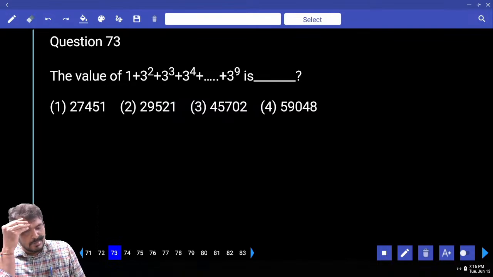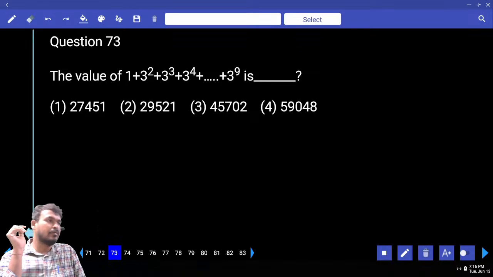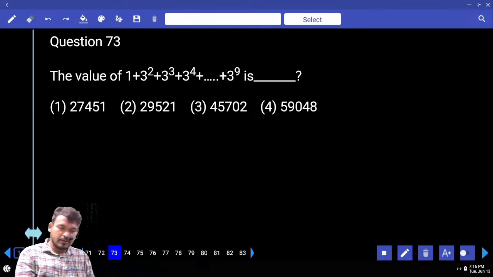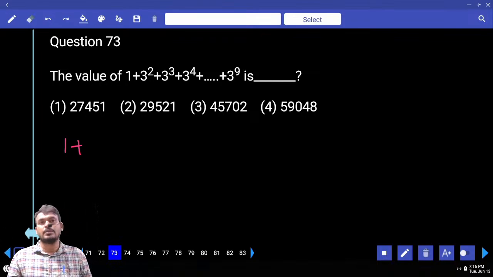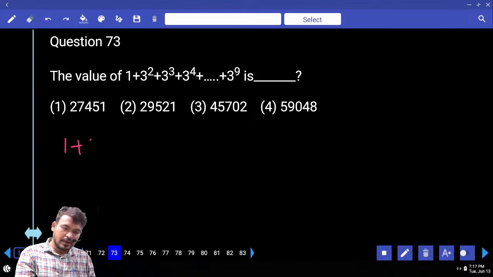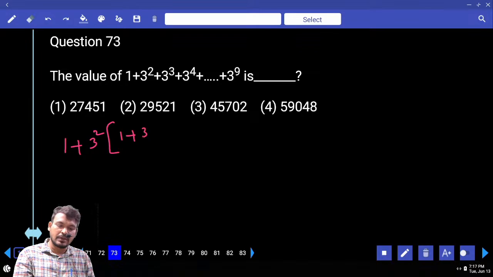The value of 1 plus 3 square plus 3 cube plus 3 power 4 and so on up to 3 power 9. What is the first one? 1. Second one, 3 square, and so on up to 3 power 9. And we take 3 square common. What is the first one? 1. Second, 3. Next, 3 square means 9.